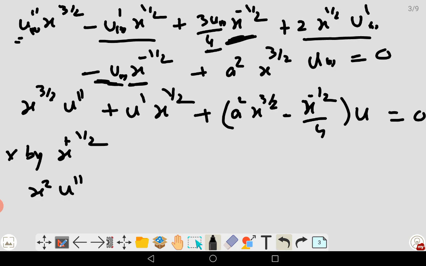It should have been positive 1 by 4. So when you multiply by x power 1 by 2, it will be positive 1 by 2, x power 1 by 2.